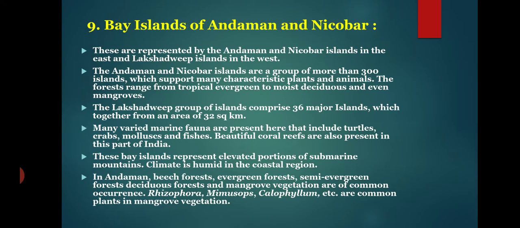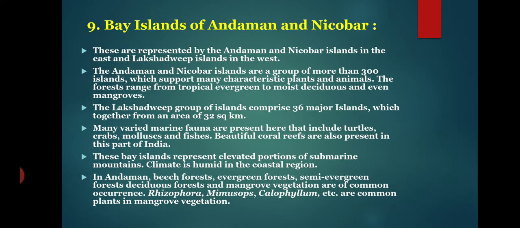Okay, the Bay Islands of Andaman and Nicobar, represented by Andaman and Nicobar Islands in the east and Lakshadweep Islands in the west. So here we can see island climatic conditions. Andaman and Nicobar Islands are a group of more than 300 islands, and the Lakshadweep group comprises 36 islands, major islands, and altogether collectively it is with an area of 32 square kilometers.